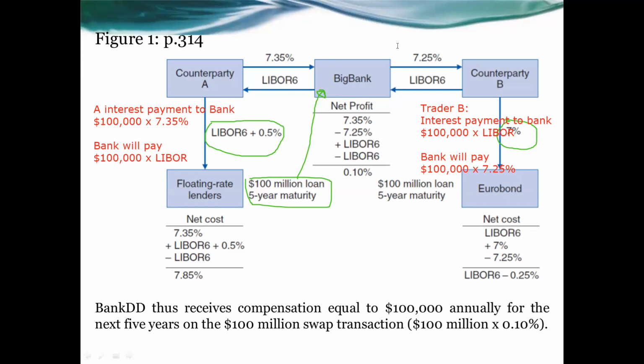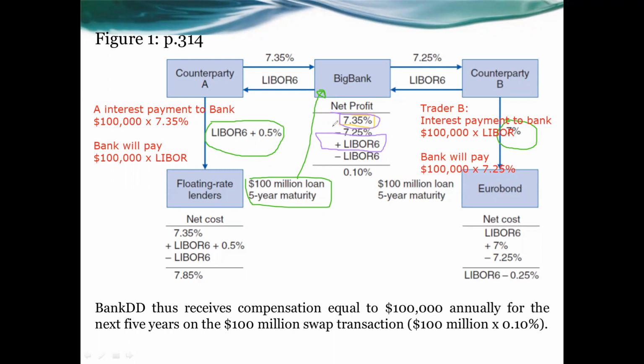Because of the swap agreement, the bank received 7.35% from trader A, and for that payment it only pays the 6-month LIBOR rate.